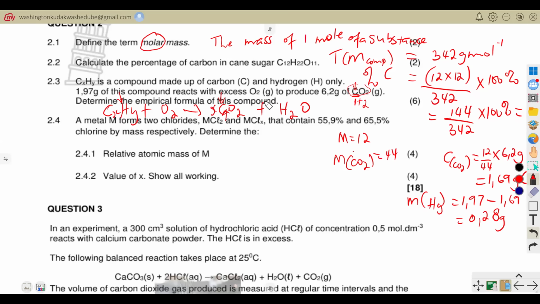Now they are saying determine the relative atomic mass of M. So allow me to rub what we have done here so that I can use this space to determine the relative atomic mass for M.